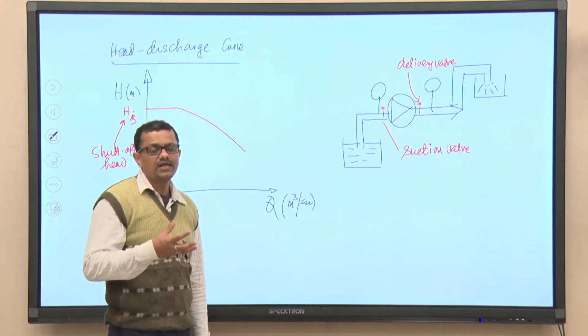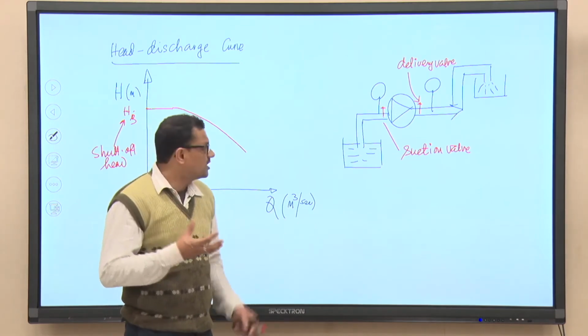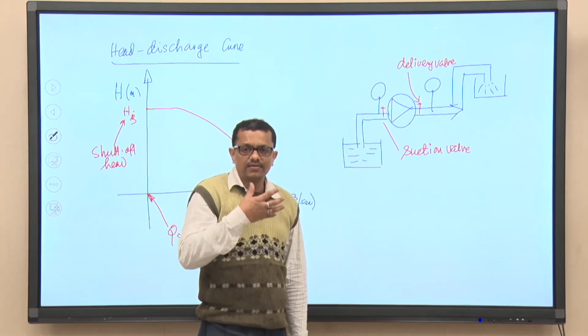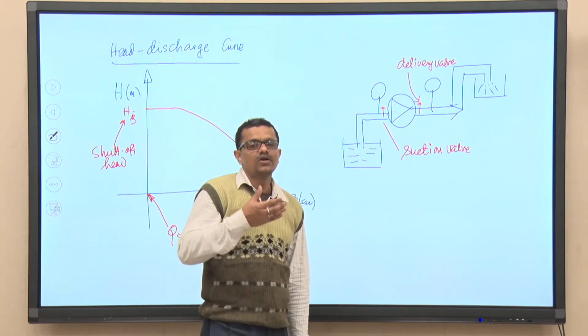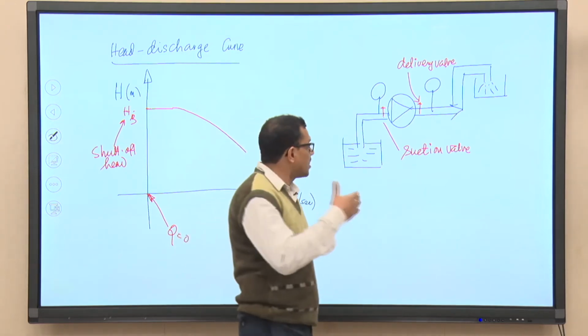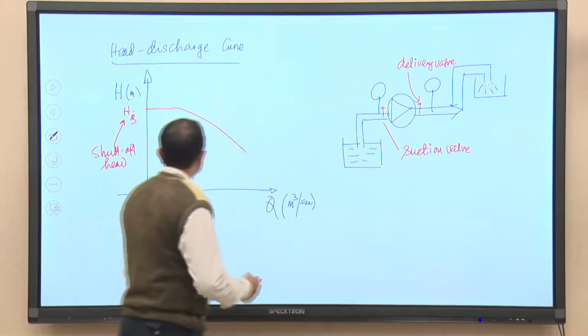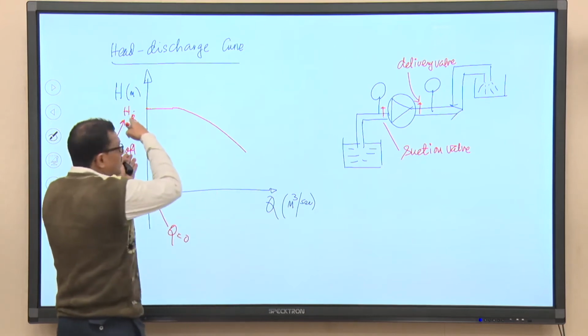This is basically a parasitic loss. To overcome that frictional effect, a part of the net head developed by the pump will be consumed in the delivery pipeline. So, that is justified, because now H is the head.